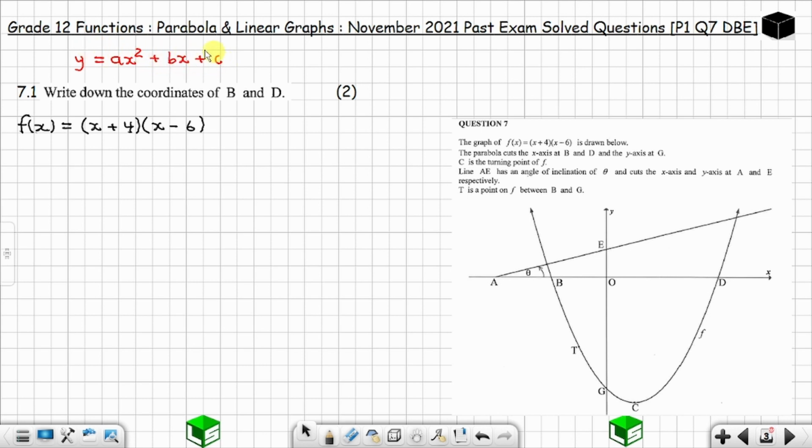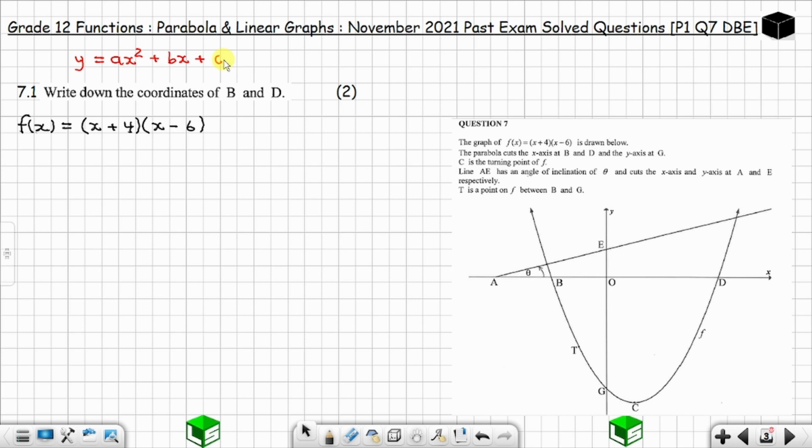When it's given in this form, c represents your y-intercept, because if you plug 0 in for x, you remain with y equal to c. And at the y-intercept, x is equal to 0. So this equation tells you that c is the y-intercept.